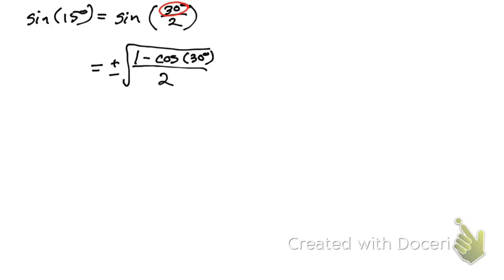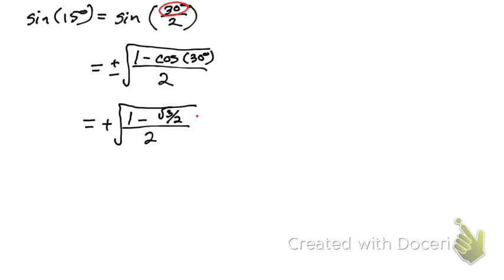Well, the cosine of 30 degrees is square root of 3 over 2. First of all, we're in quadrant 1, so it's got to be positive, so I'm going to switch that right now. We'll have 1 minus square root of 3 over 2, all over 2.